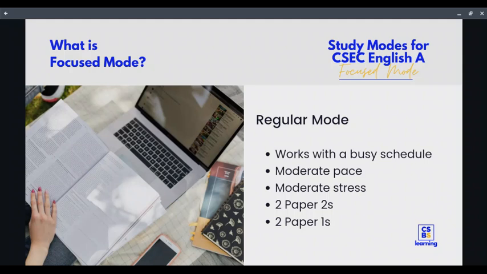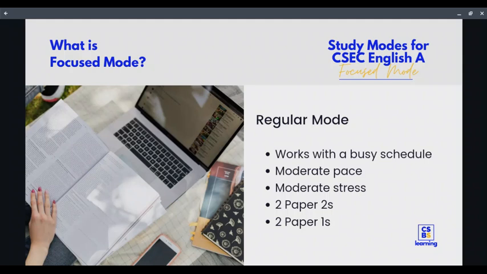It's also moderate stress. We can't avoid stress if we're aiming for greatness. However, with this plan, especially if we're really busy, we're not going to unduly stress ourselves.